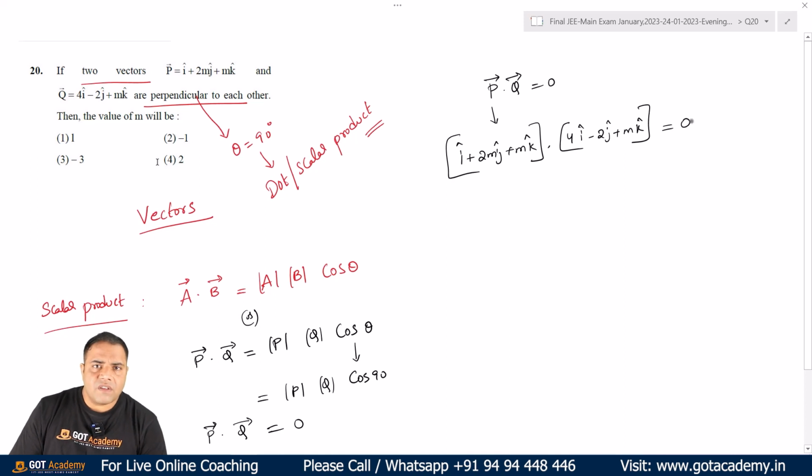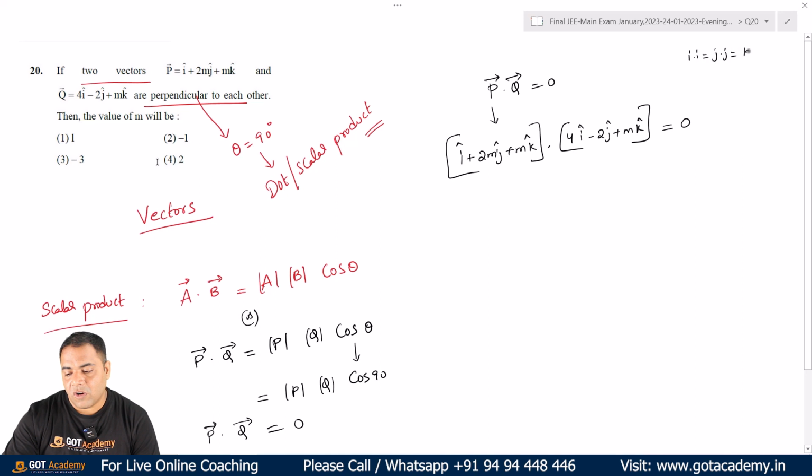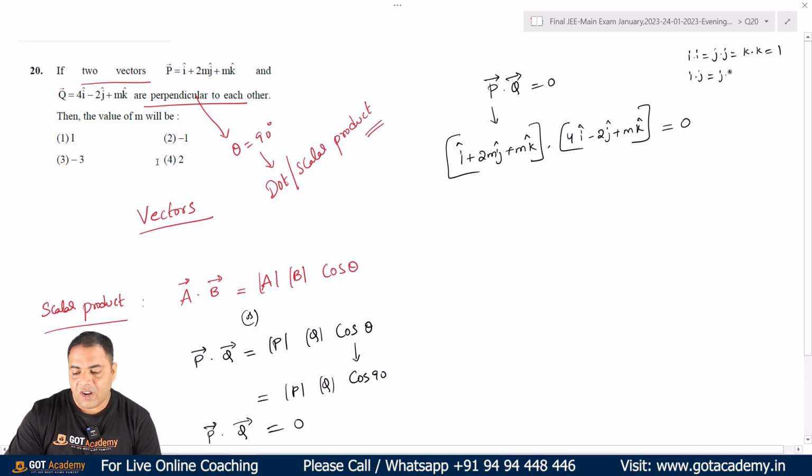Do you know the basics of dot product? I dot I equals J dot J equals K dot K equals 1, whereas I dot J or J dot K or K dot I equals 0, isn't it?